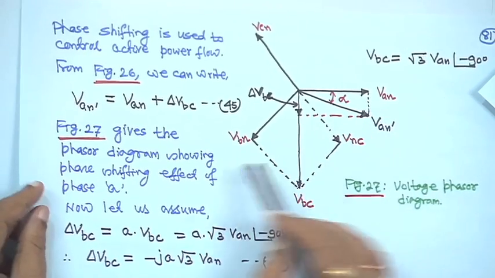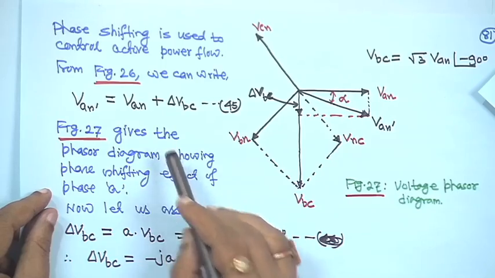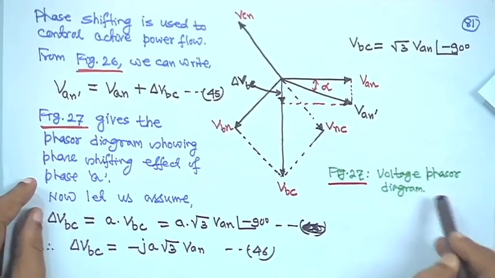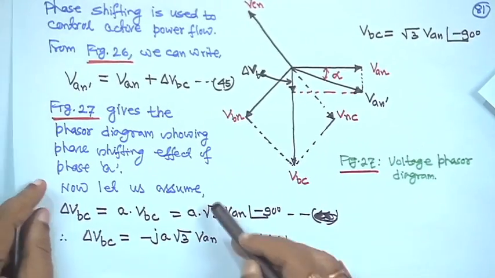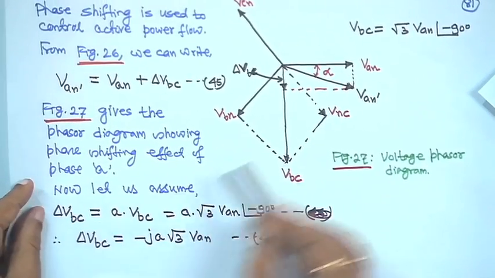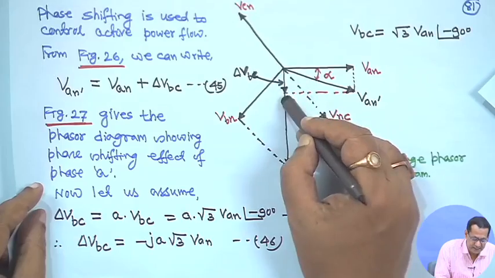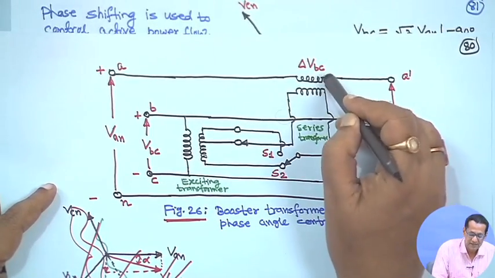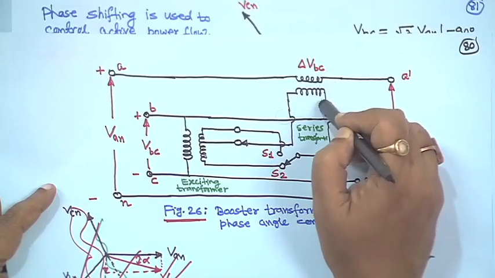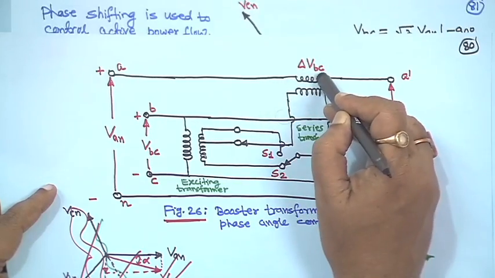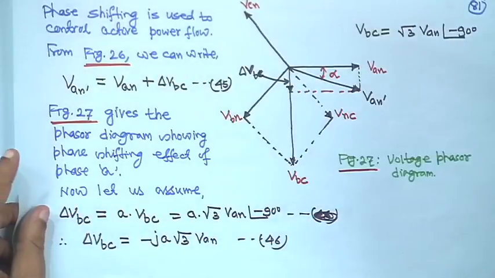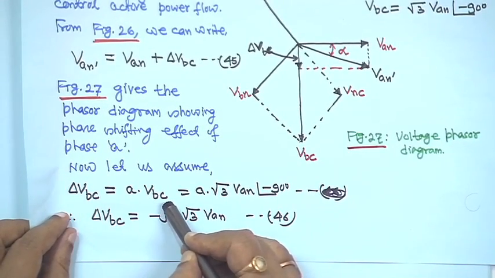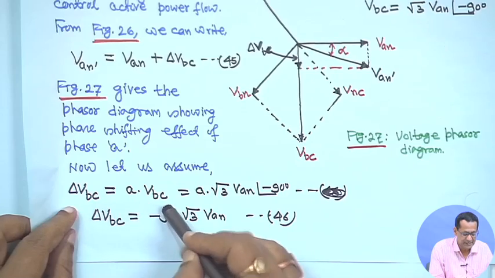Now, figure 27 gives the voltage phasor diagram. Let us assume that delta Vbc, this impressed voltage, whose winding is in series with this phase A, is equal to A into Vbc.